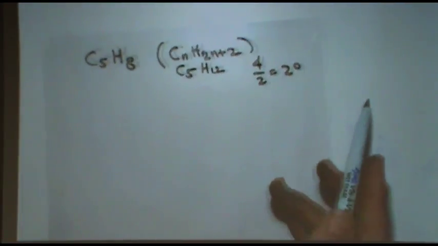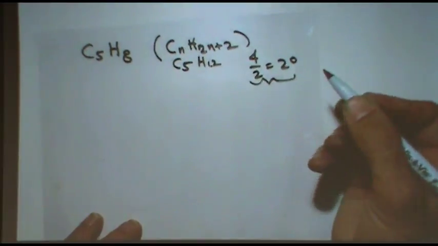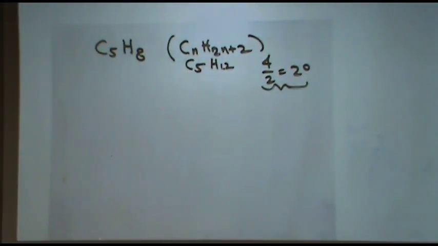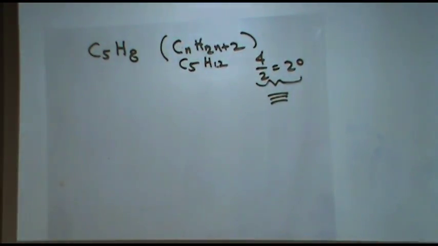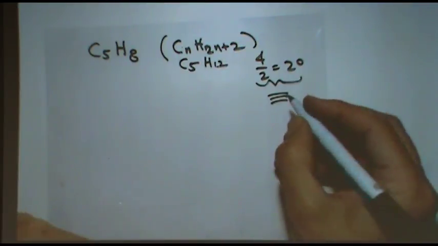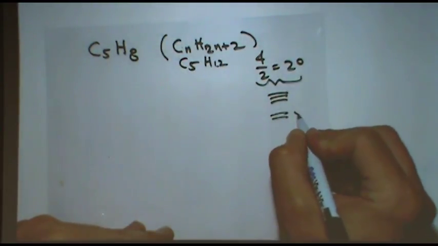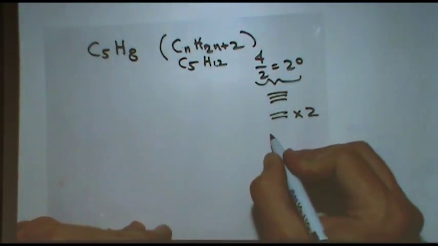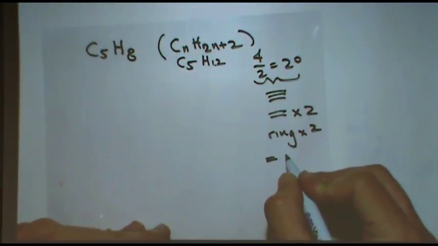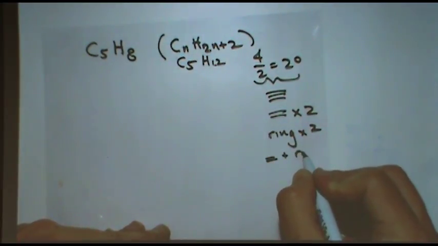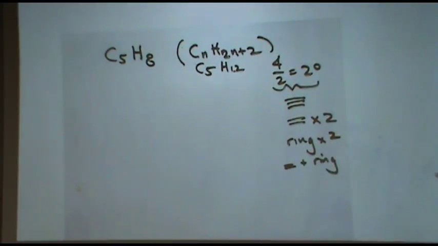So what that means is, unfortunately, you're learning on a harder problem, that either there's a triple bond, or 2 double bonds, or 2 rings, or a double bond and a ring. Each of those 4 possibilities is in play right now.